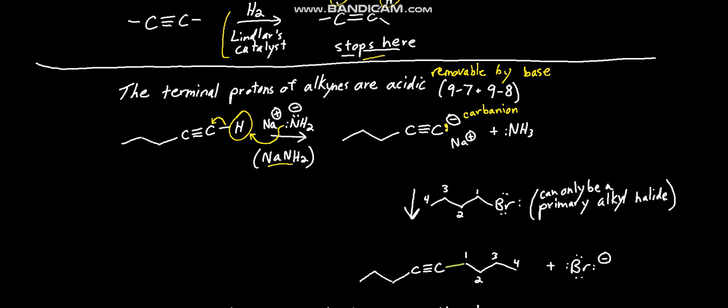So we have this very useful carbanion. Why is it useful? This carbanion is useful because you can form a bond from these electrons to the carbon of a primary alkyl halide. This carbon is partially positive because of the electronegativity of the bromine, which is partially negative. So this is polarized.